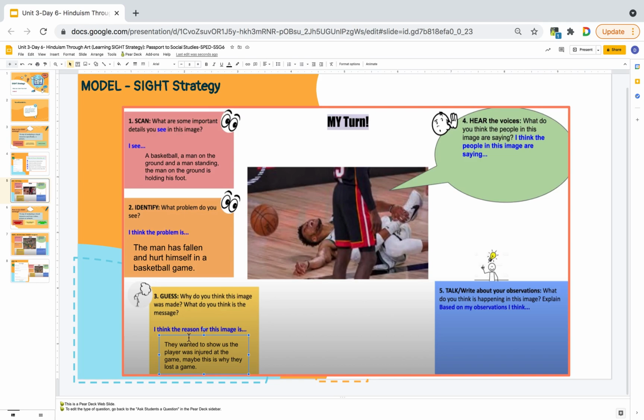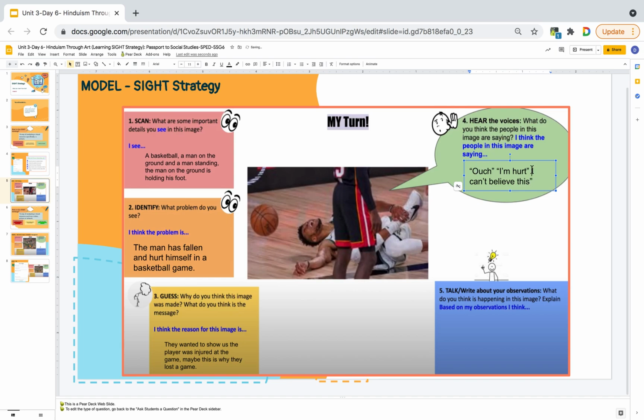After guessing, we're going to want to hear the voices. What do you think the people in this picture are saying? If we were these people, what would we be saying? I think the people in this image are saying, ouch, I'm hurt. I can't believe this.